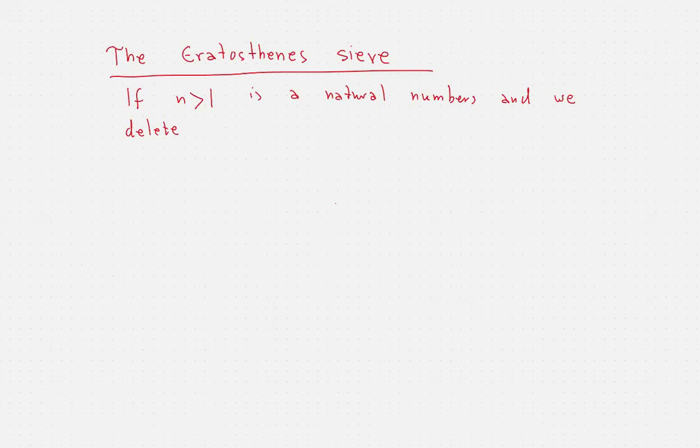And if we delete all multiples of prime numbers, and here I should say strict multiples, meaning don't delete the number itself, of primes that do not exceed the square root of n, along with 1. Also, don't forget to delete 1.